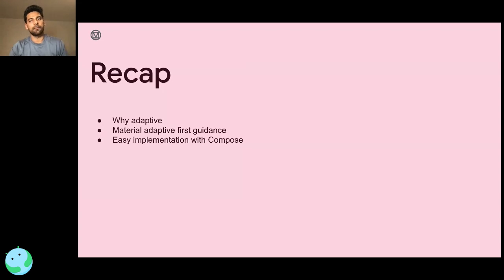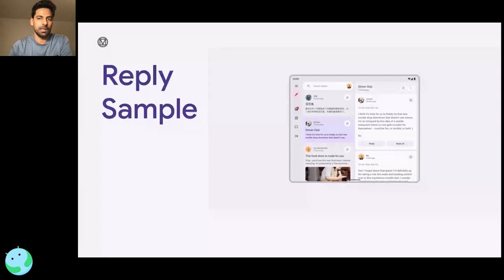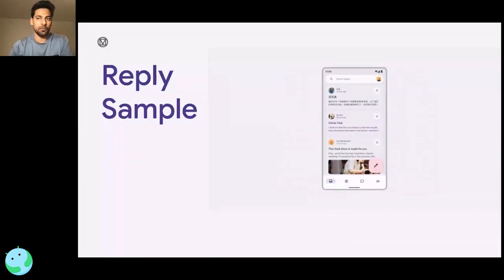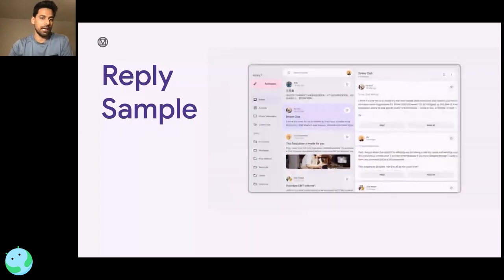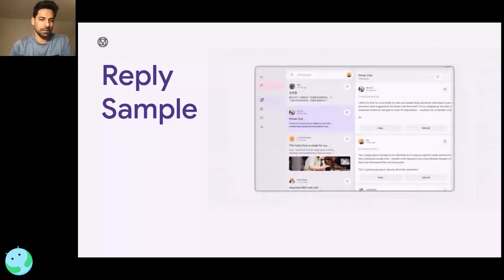Let's take a look at this Reply sample, which is an adaptive Compose sample built using Material 3 and Compose, and how we can use simple steps to make an existing app adaptive by learning from this.